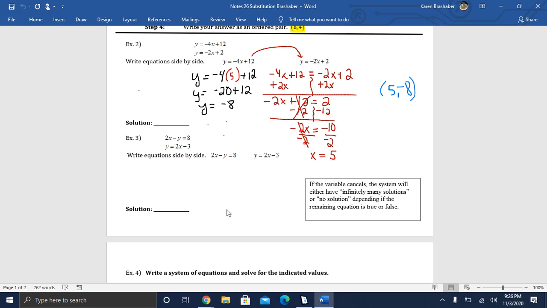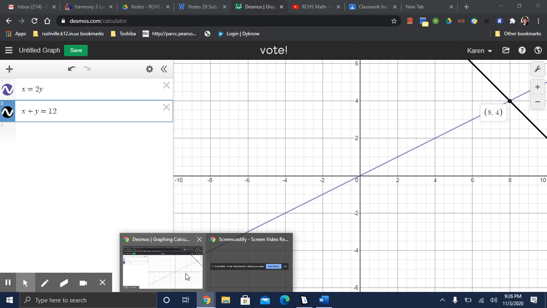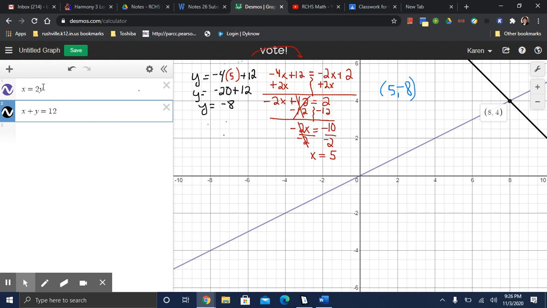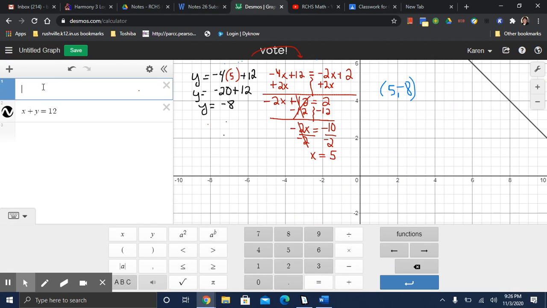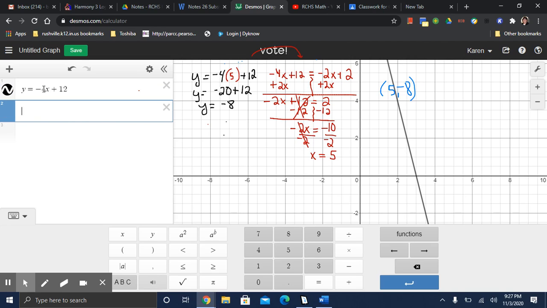Another thing that you could do is you could use Desmos. You could type in your two equations. So my first one was y equals -4x plus 12. And then my second equation was y equals -2x plus 2.